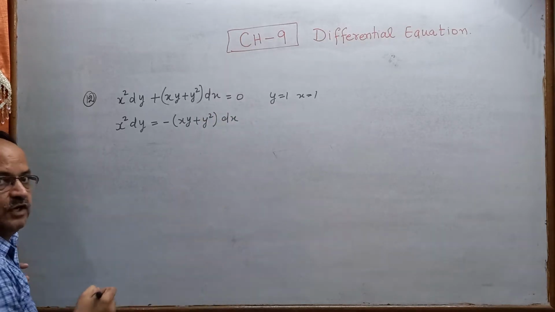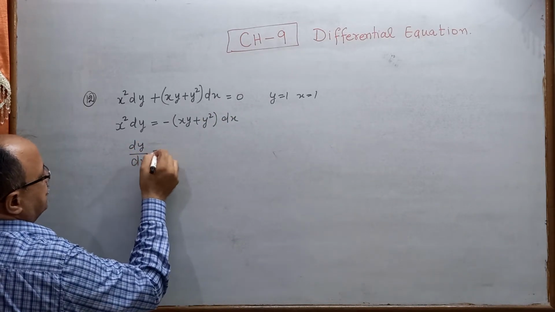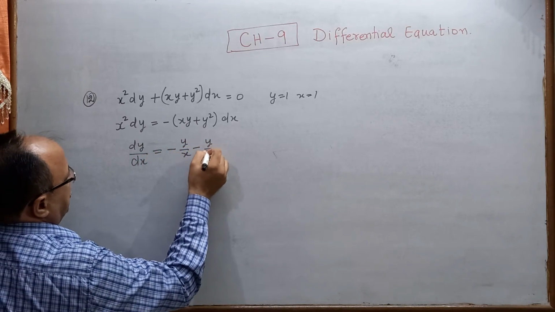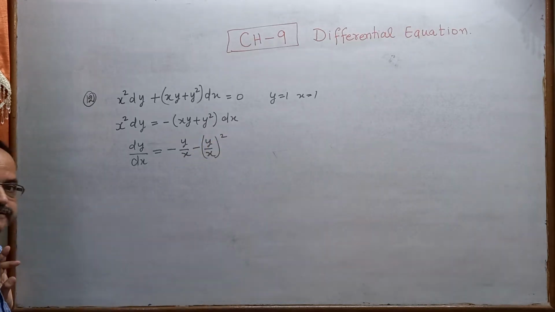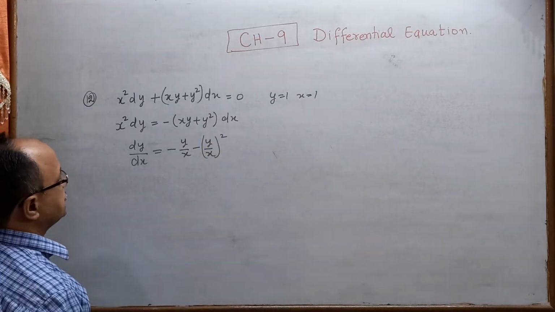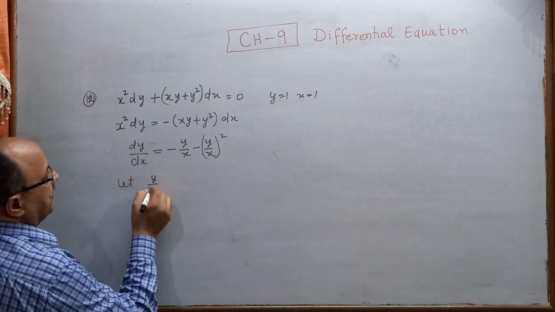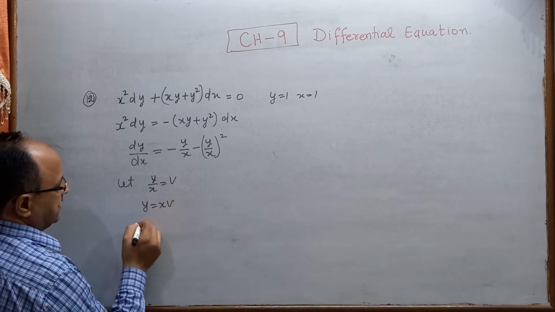So therefore, what is the value of dy by dx? Dividing both sides by x square, dy by dx is minus y by x minus y by x whole square. Correct? Now let y by x is equal to v, the same work, y is equal to xv.